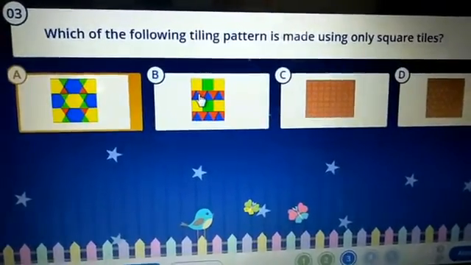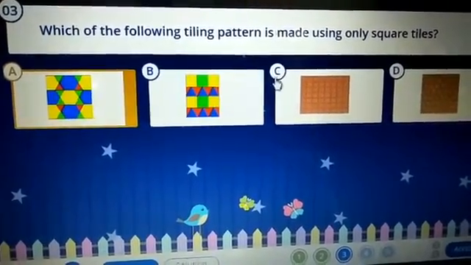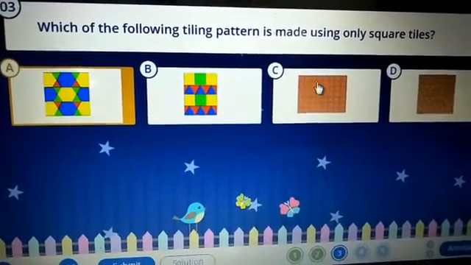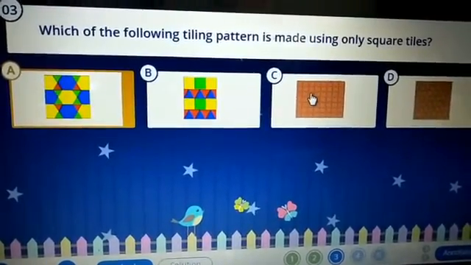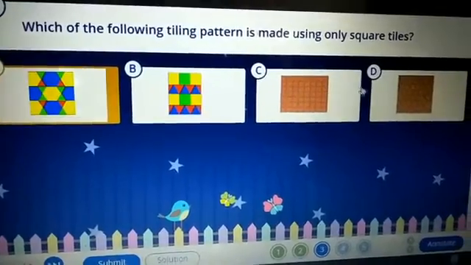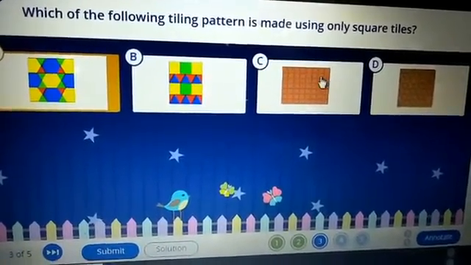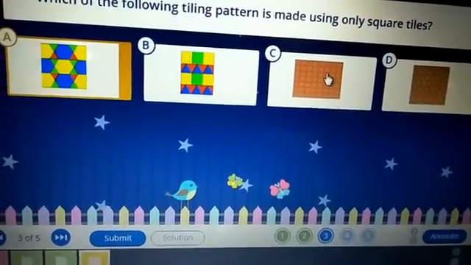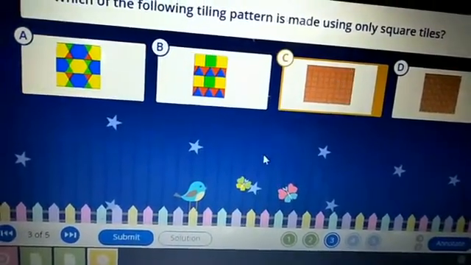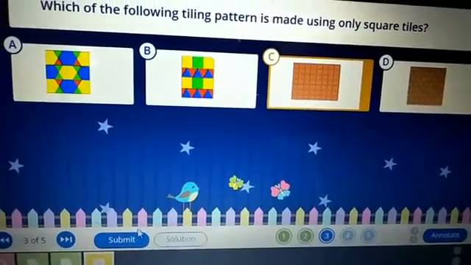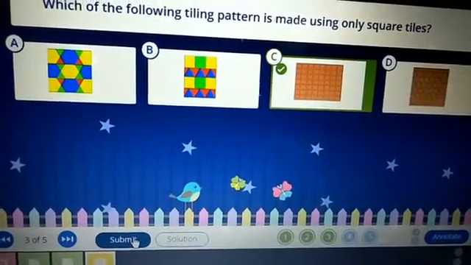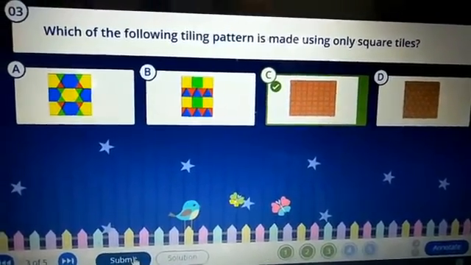So this is also not our answer. Here everything is made by squares only. Then see here, this is not a square. So what's our answer? Maybe our answer is C. So I select C. Shall we check our answer? Yes, our answer is correct.